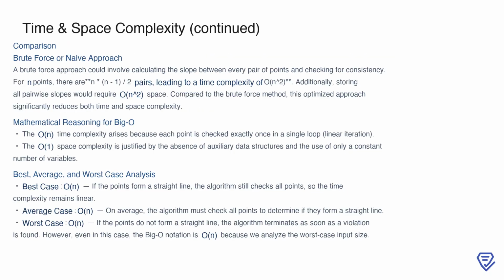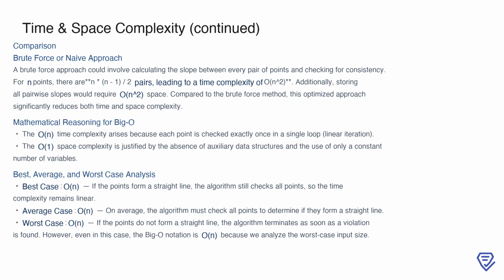When comparing this approach to a brute force or naive method, the efficiency becomes even more apparent. A naive approach might calculate the slope between every pair of points and check for consistency. With n points, this would involve n(n-1)/2 pairs, leading to a time complexity of O(n²). Additionally, storing all pairwise slopes would require O(n²) space.